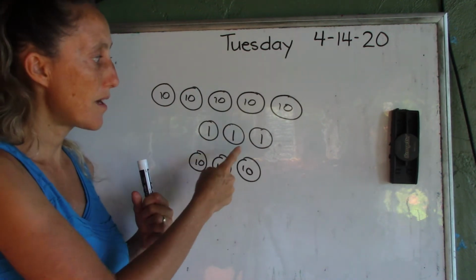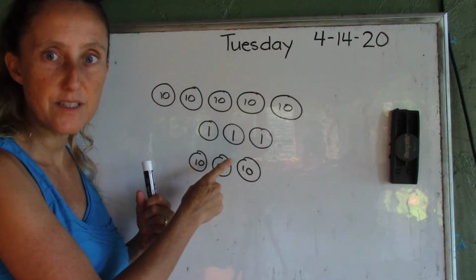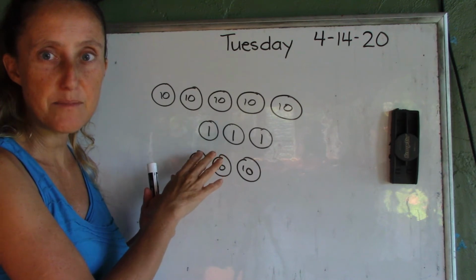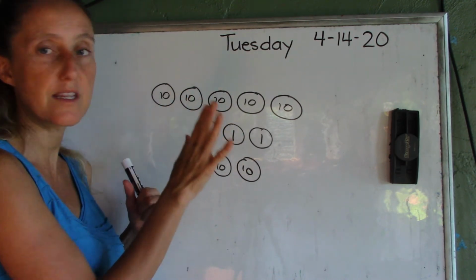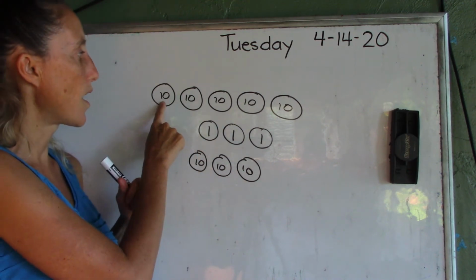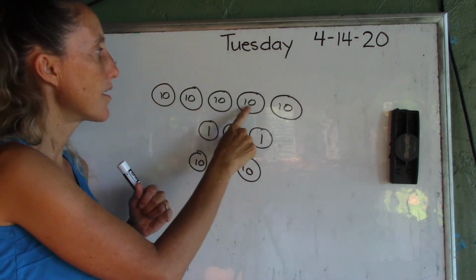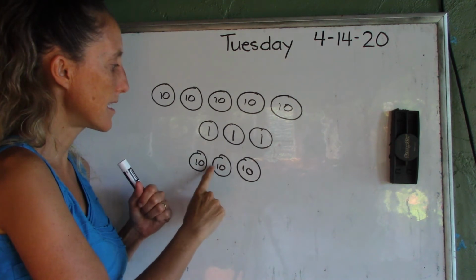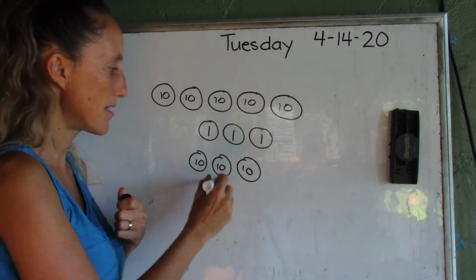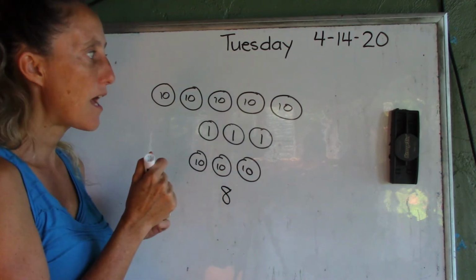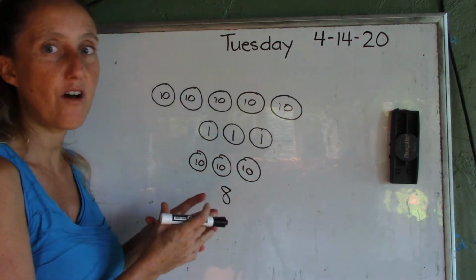Now, do I have to worry about how many pennies I have if I'm talking about dimes? No, I just need to worry about dimes. So let's count just the dimes. 1, 2, 3, 4, 5, 6, 7, 8. I have 8 dimes.